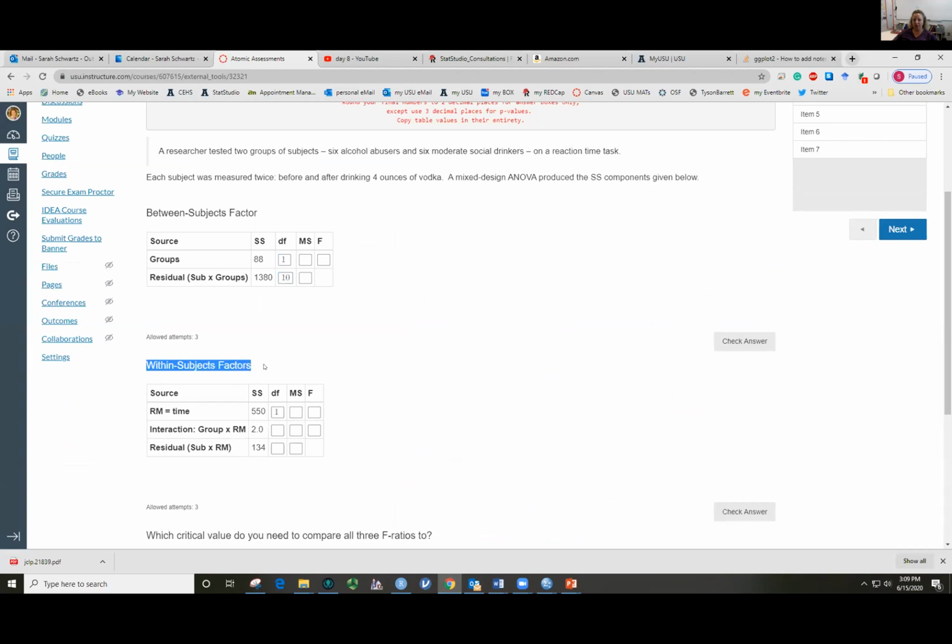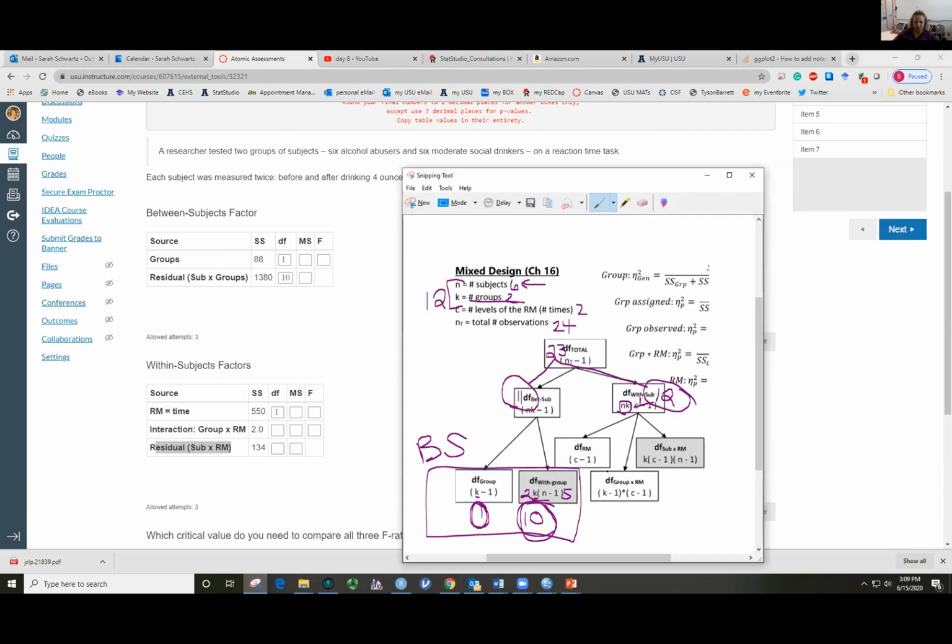Now for our within subjects factor, we've got 3 things. We're going to have 2 F statistics, 1 for the repeated measure, 1 for the interaction group by repeated measure, and then we have this residual, which is subject by repeated measure. So let's go back to our little tree. Okay, so repeated measure.